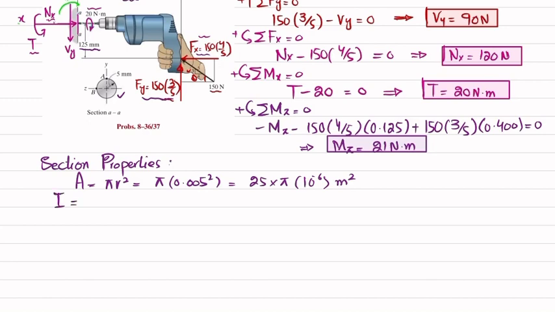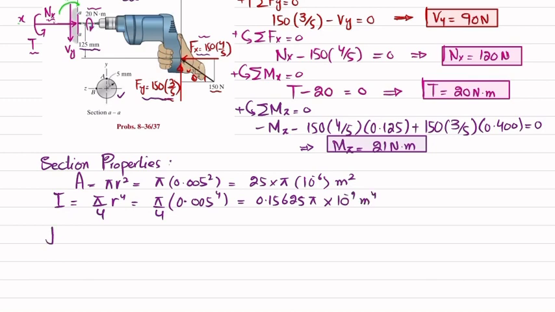Next we will find the moment of inertia I. I for this circular rod or twist drill will be equal to pi by 4 r to the power 4. So pi by 4 and r is 0.005 to the power 4. So we will get 0.15625 times pi into 10 raised to power minus 9, and the unit will be meter to the power 4.